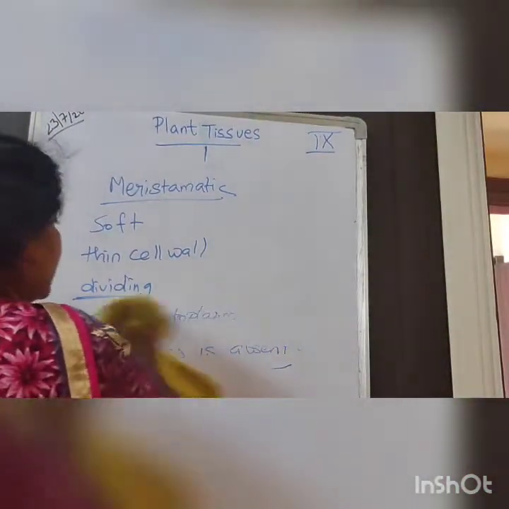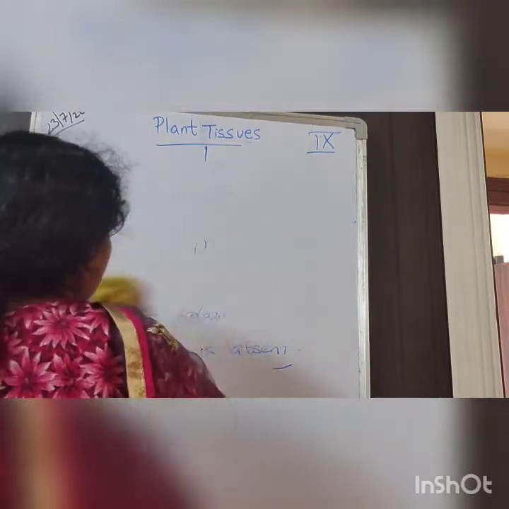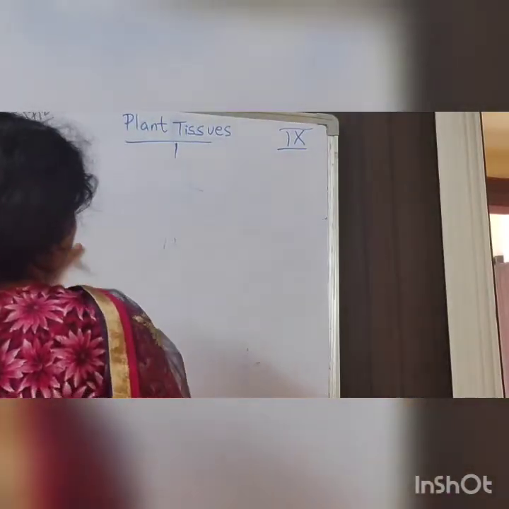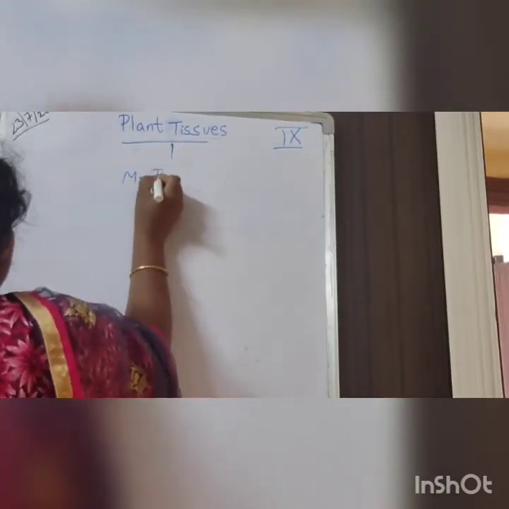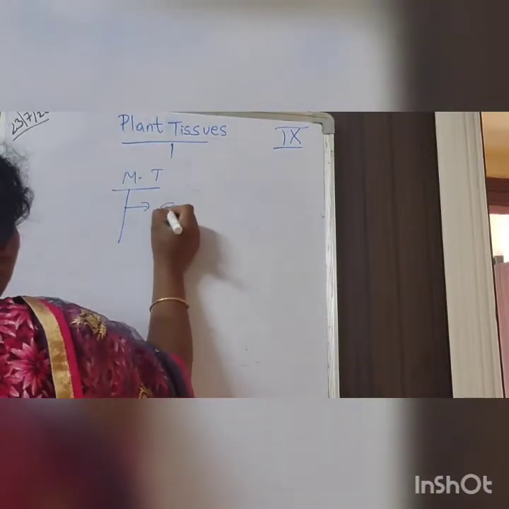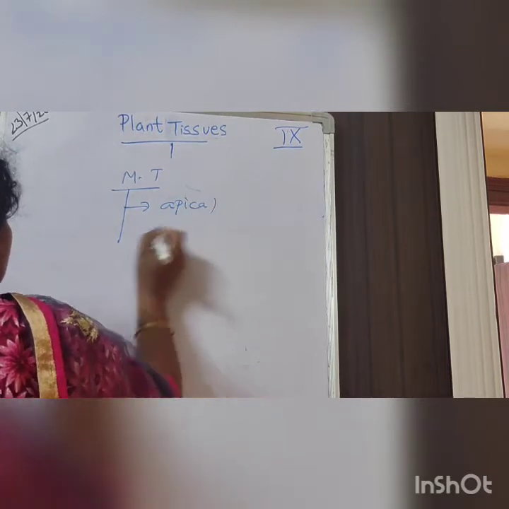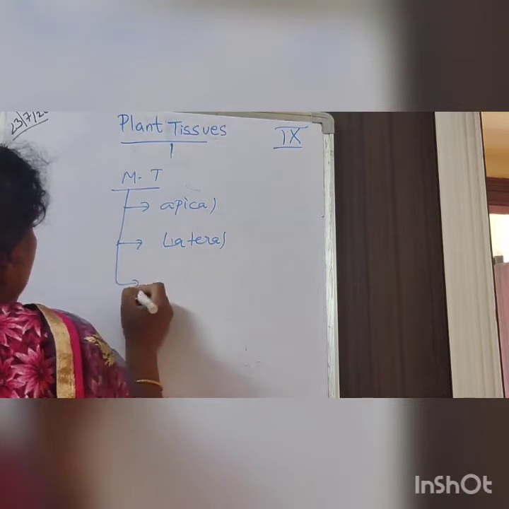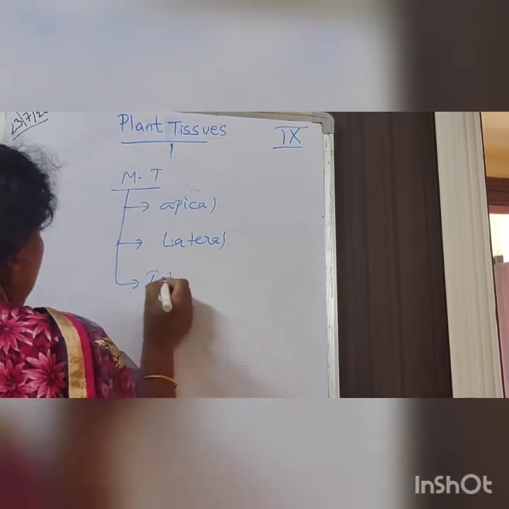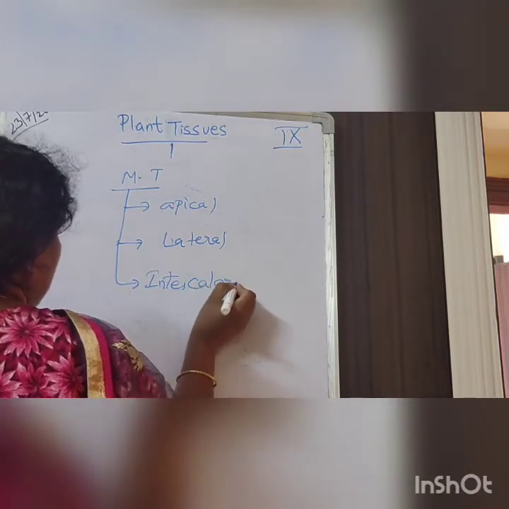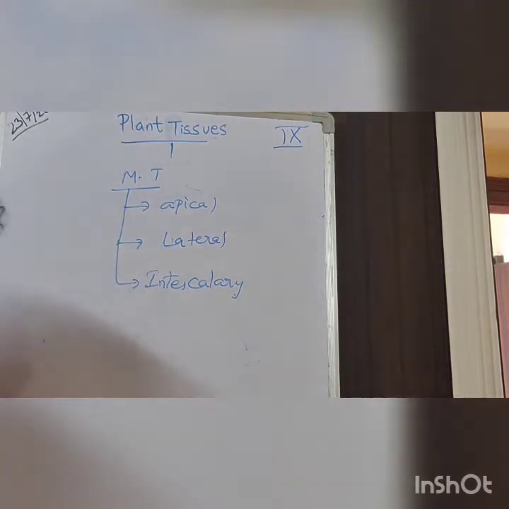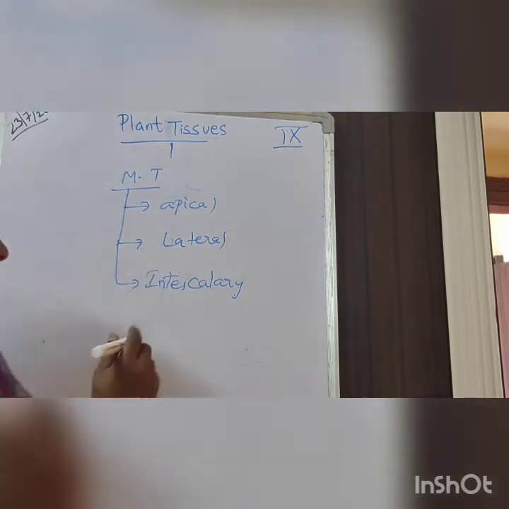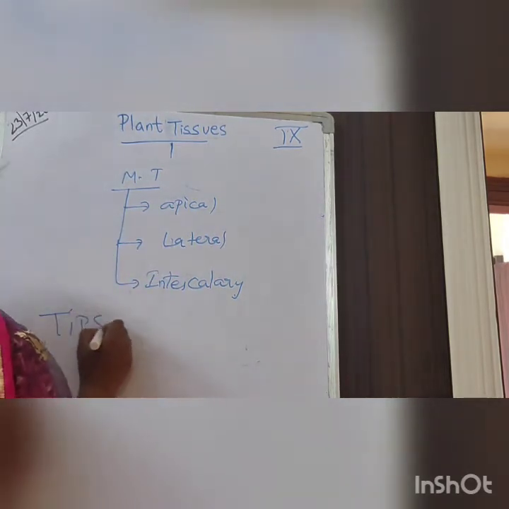Apical meristematic tissue is present at the tip points, at the apex.